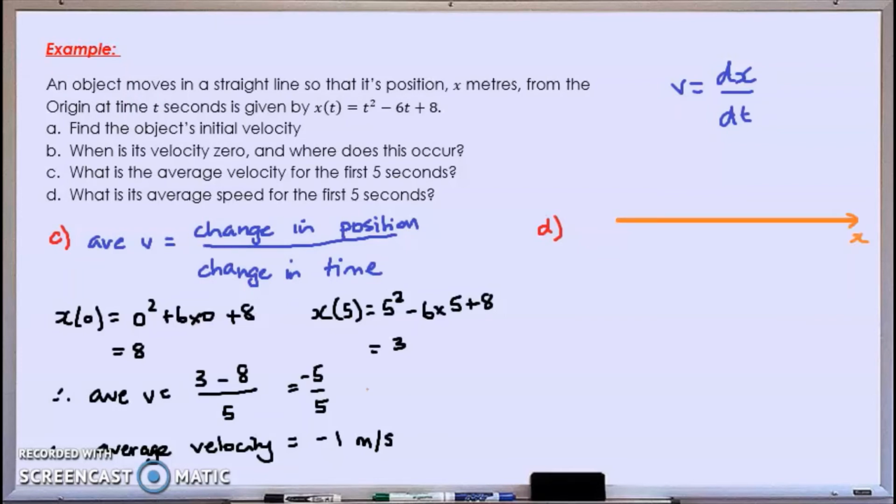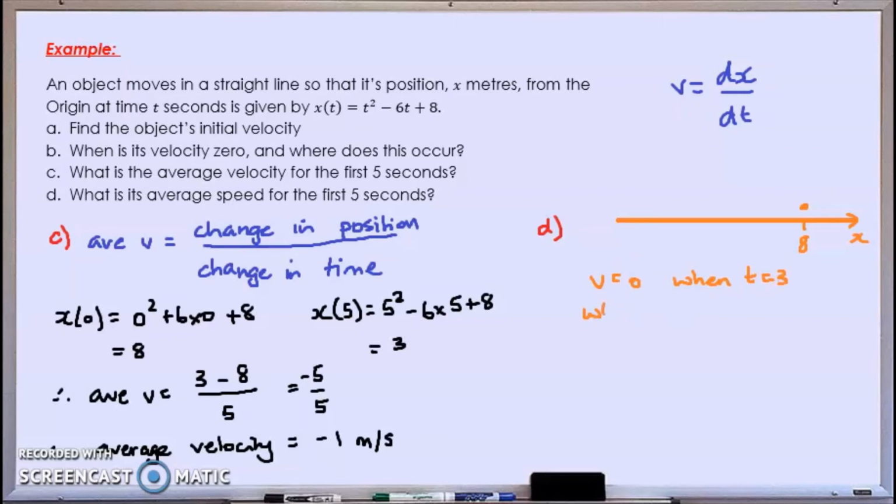So we started off with an object that had the position at +8. So we'll pop that in here, +8. This is where it started. We also know there was a time where it turned around. And when it turns around, the velocity equals 0. And we worked out earlier on that the velocity equals 0 when time equaled 3.